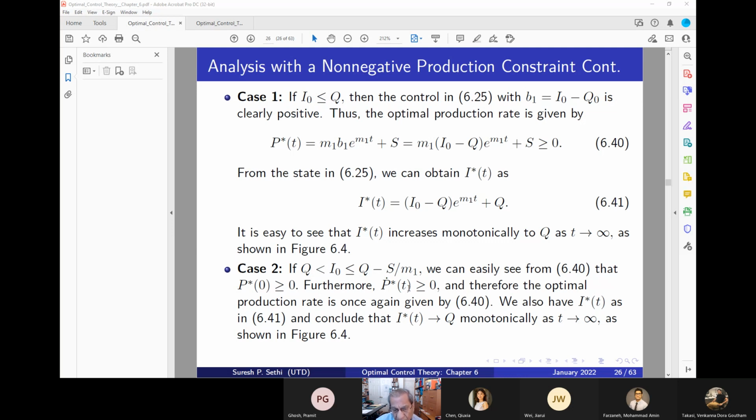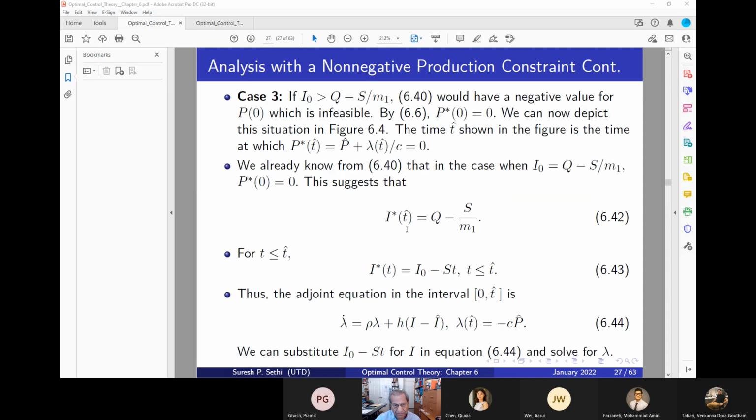And also P star dot is bigger than 0, so the optimal production rate is once again given by 6.40, and I star T approaches Q monotonically as T goes to infinity, as shown in figure 6.4. So those two cases are done.